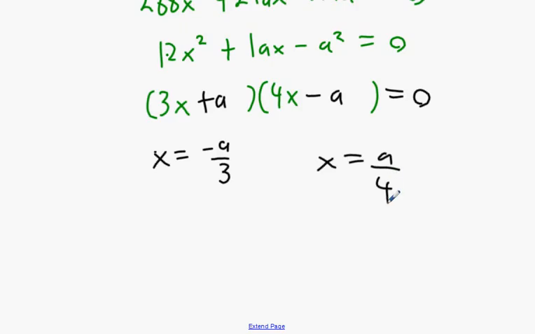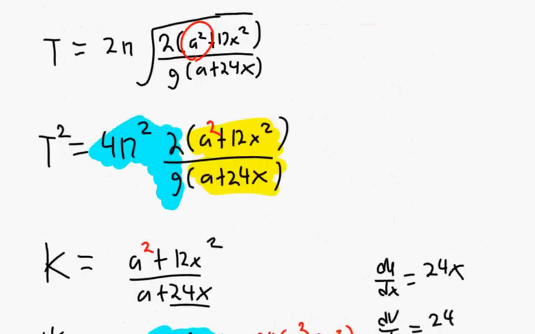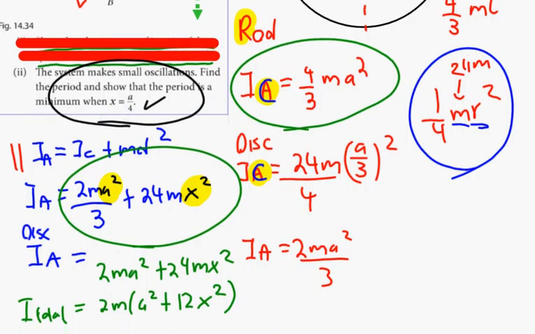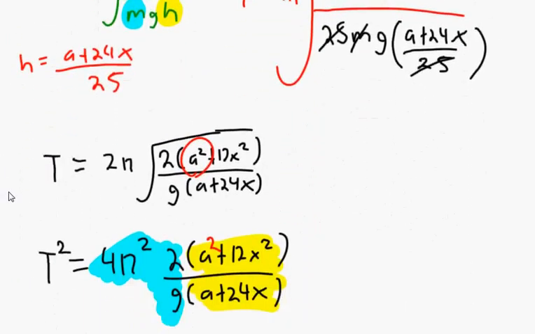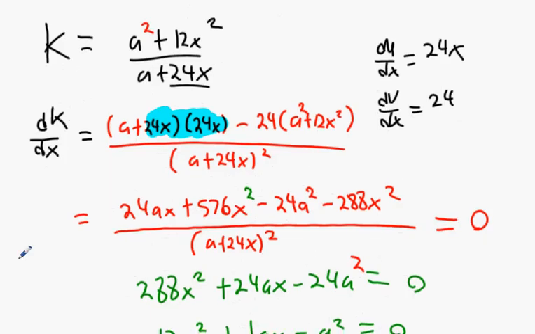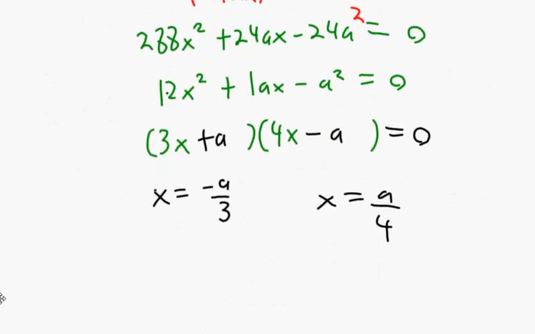And that's the only turning point, so hence here is the minimum when x equals a over 4. Technically speaking, you could go through the second derivative, and it's probably not a good idea, but leave it there.